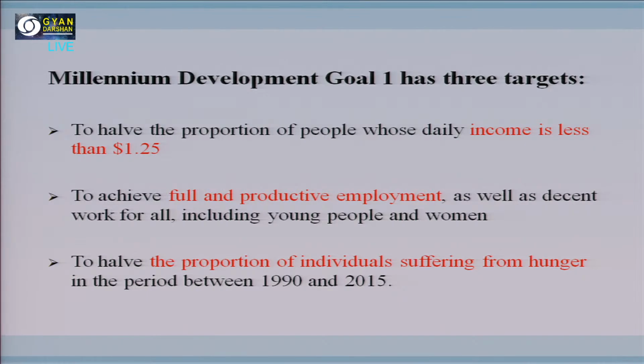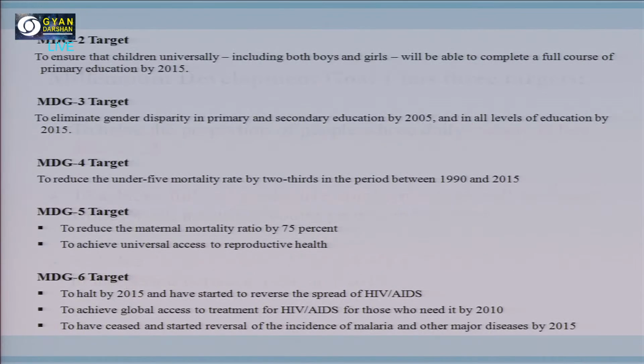As far as $1.25 is concerned, India had more than 35% of the people below the poverty line. So the goal was to reduce poverty below 21%. Then the second goal was to achieve 100% universalization of primary education, that is, 100% of students should attain primary education.